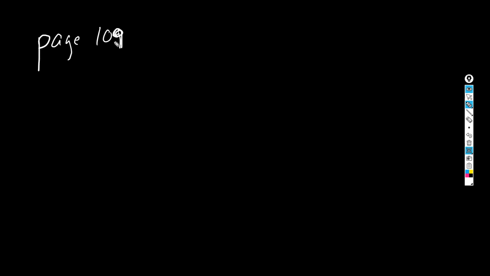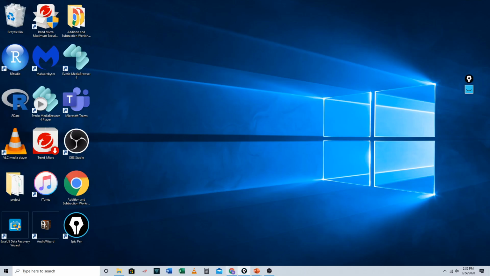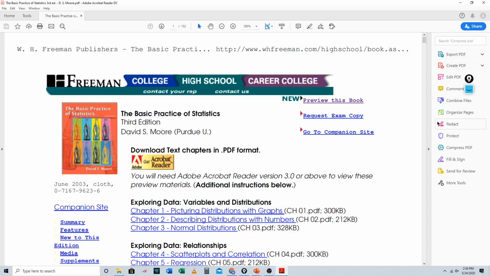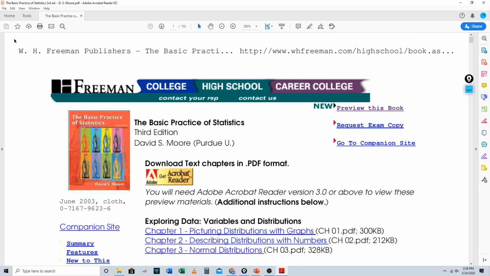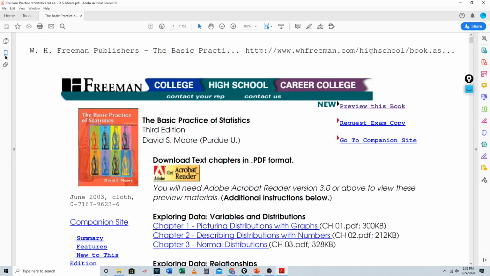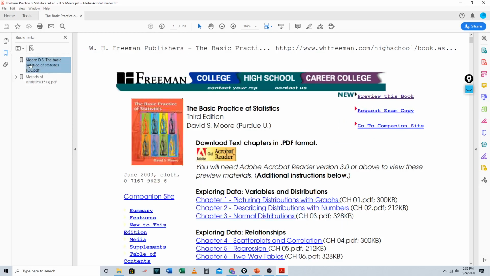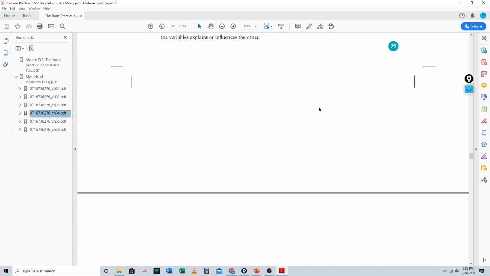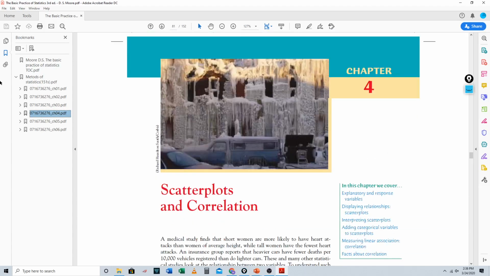So let me see if I can find that, because I have downloaded it. Let me open that file so we can just have the book out and look at what the book is saying. There we go, scatter plots and correlation. This is chapter 4. I need chapter 5.